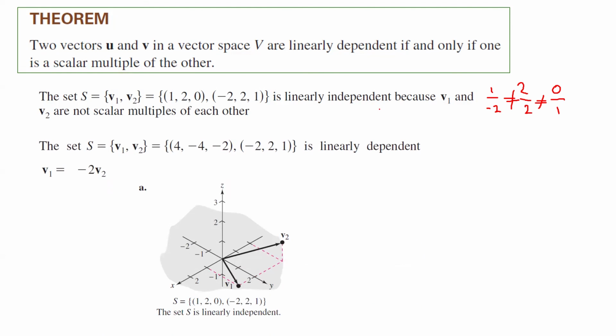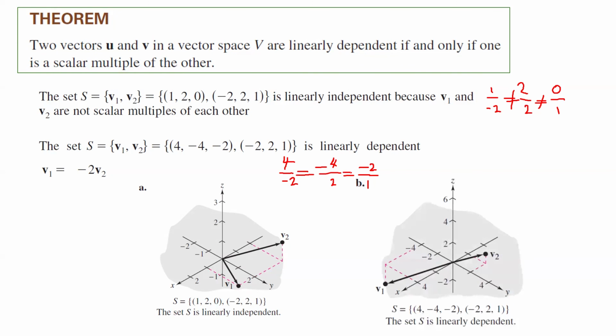What about these? These vectors are (4, -4, -2) and (-2, 2, 1). If you do the division between the components, for example, 4 divided by -2 is -4 divided by 2, which can be written as, now I'm dividing z values, -2 over 1. These fractions are all equal to each other. All right. Since they are equal to each other, it means that they are linearly dependent. They are all located on the same line, but in different directions.